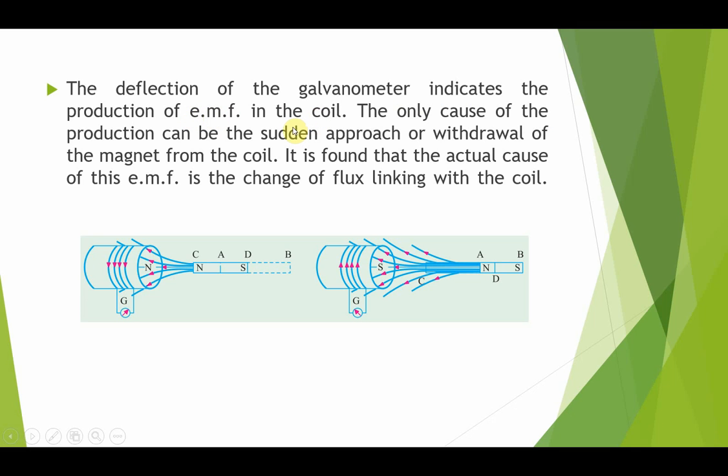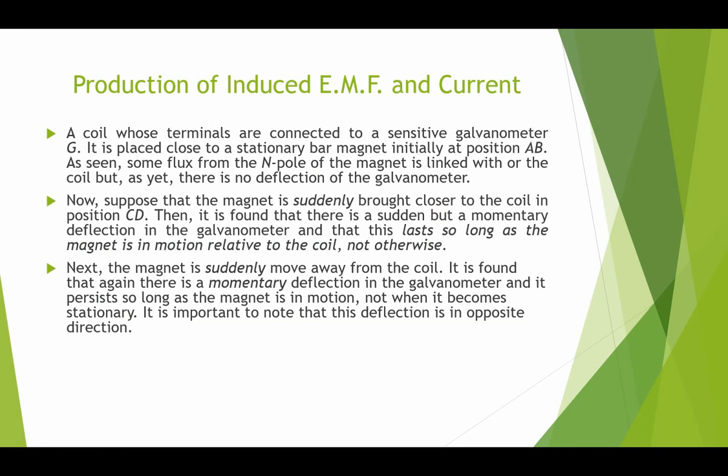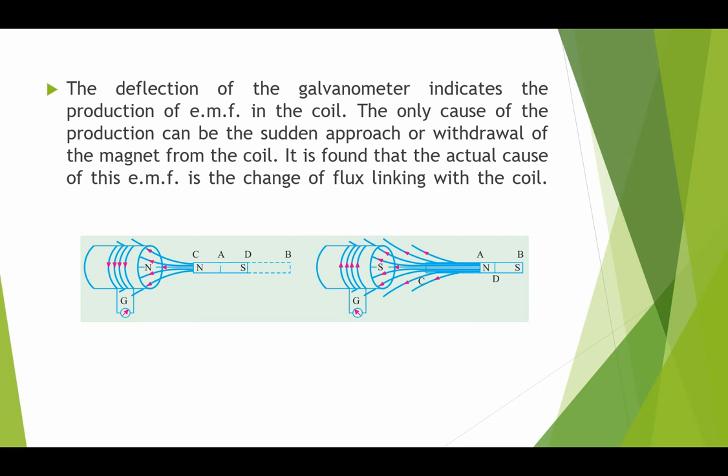The only cause of the production can be the sudden approach or withdrawal of the magnet from the coil. It is found that the actual cause of this EMF is the change of flux linking with the coil. So I hope you understand how EMF and current are set up in a coil when the flux changes.